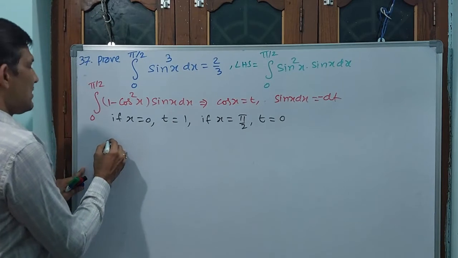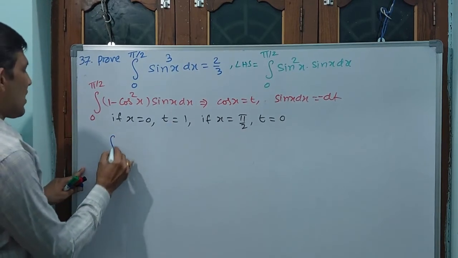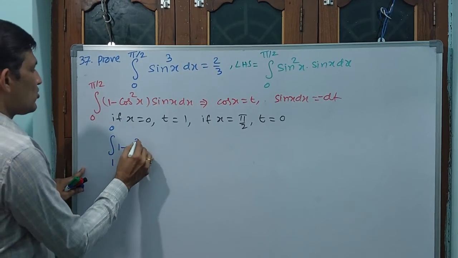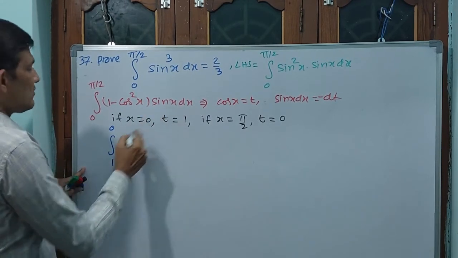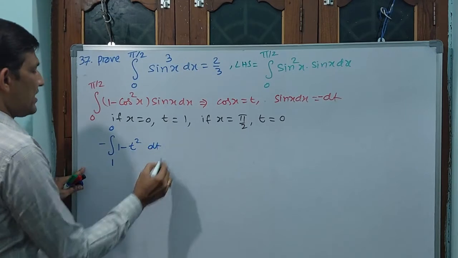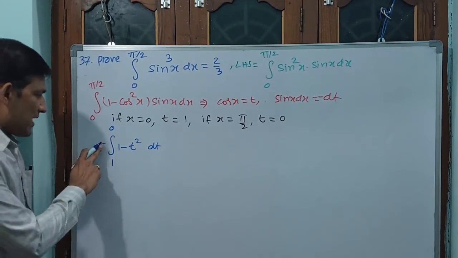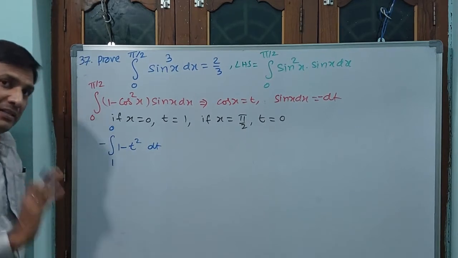Now integral 1 to 0 of 1 minus t square, sin x dx is minus dt, minus dt. Is it okay? See here, having two options. You remove minus and change intervals from 0 to 1. That is one thing.